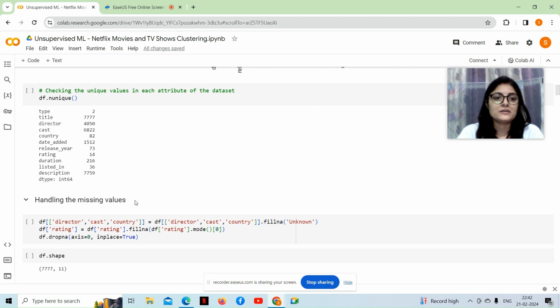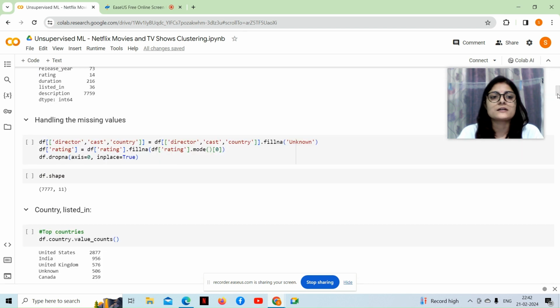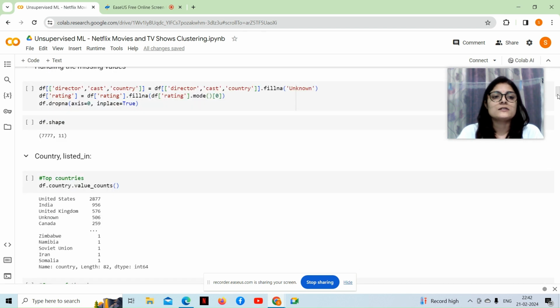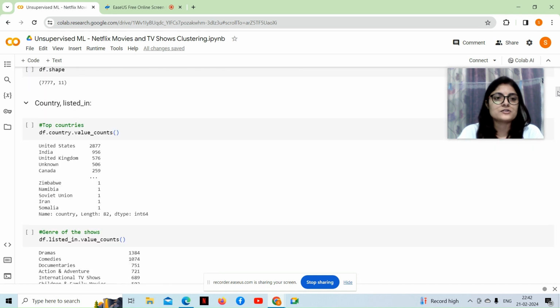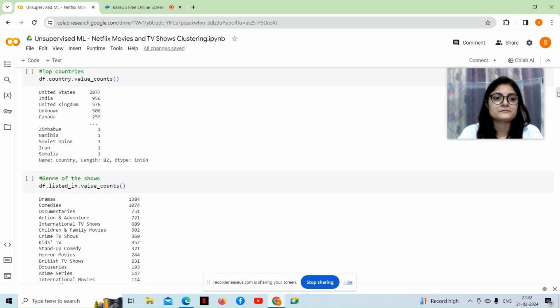Then we did handling the missing values. As I already told you, these are part of the data cleaning process, how to handle the missing values. Then country and listed in genres.